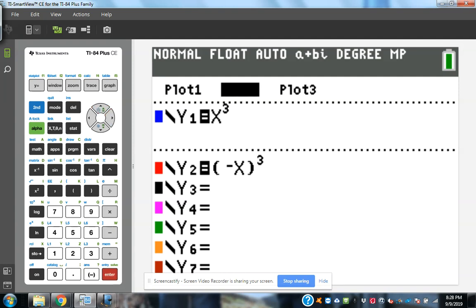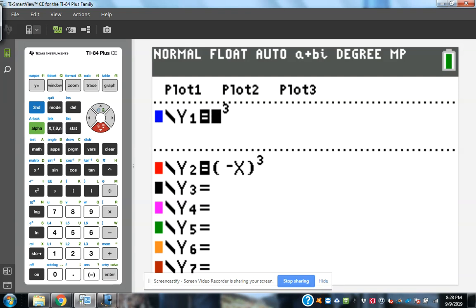Like if my Plot 2 was darkened in, I need to turn Plot 2 off because it's going to mess up my graph. So I press the up arrow, go over to that one where it's blinking, and hit enter and it will turn it off. If you've got plots on, it can mess up your graphing, so you want to make sure those are off.